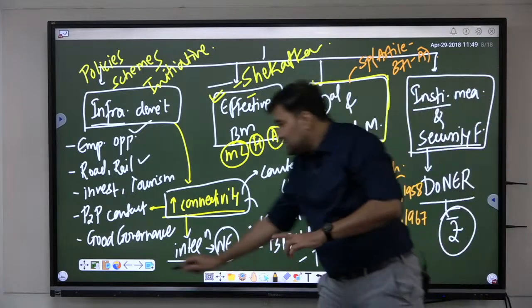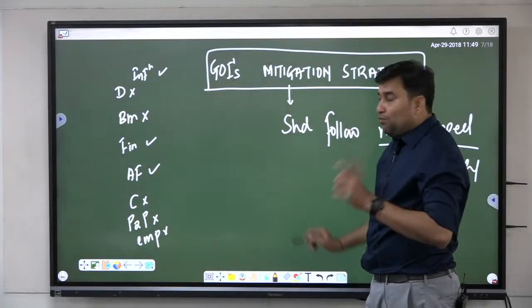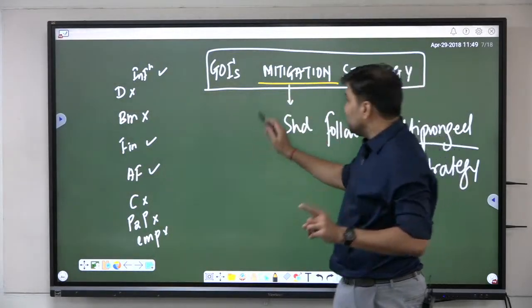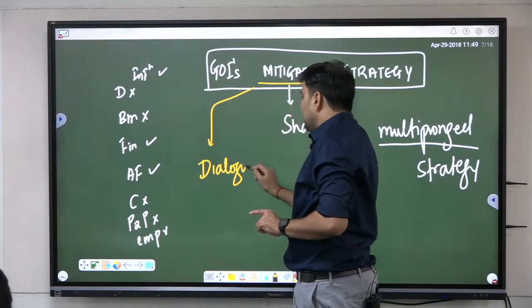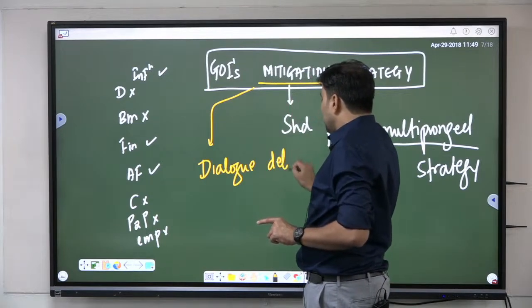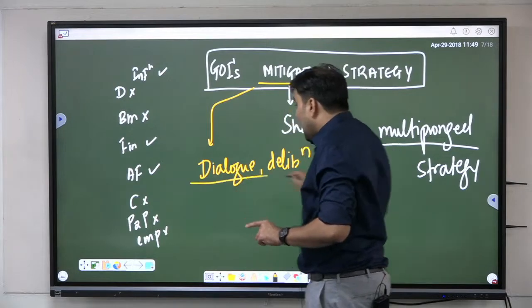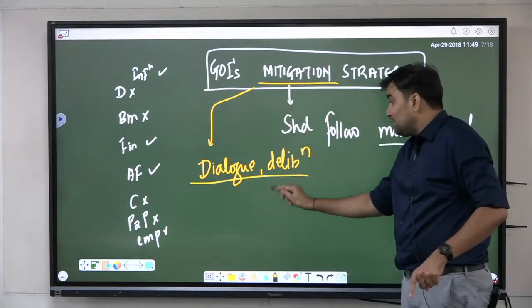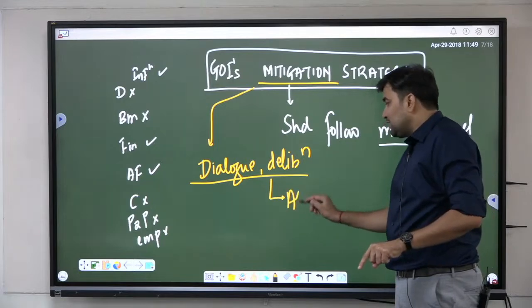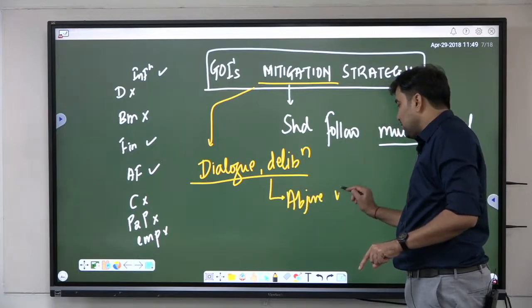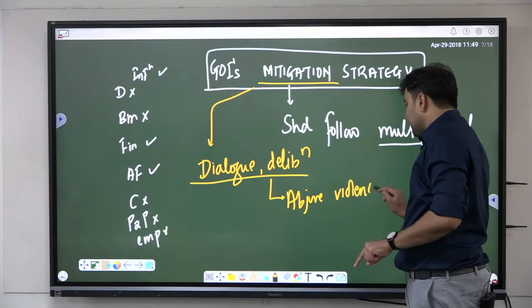That essentially means that the Government of India follows, as its most important strategy, dialogues and deliberations after you leave the path of violence. First, you abjure violence, that is, leave the path of violence.